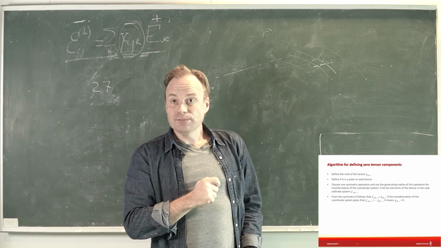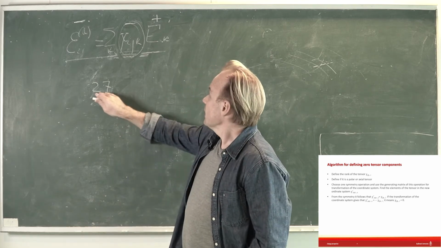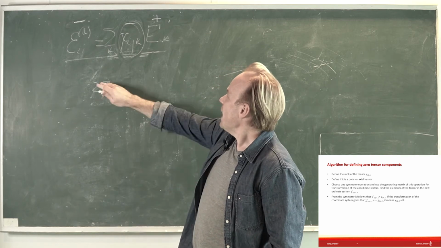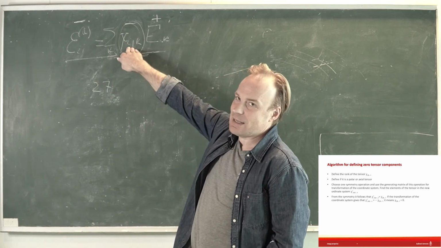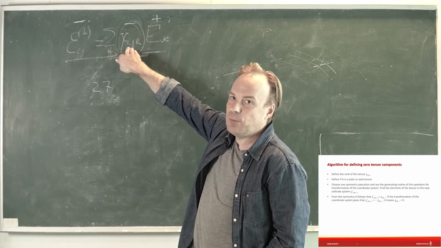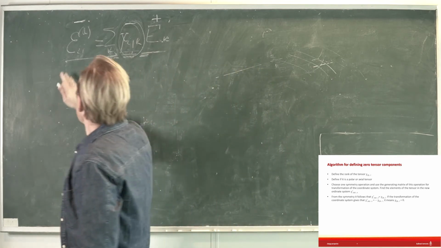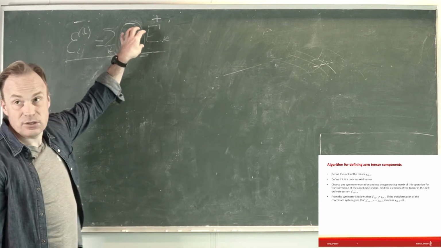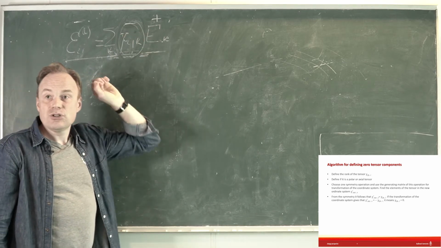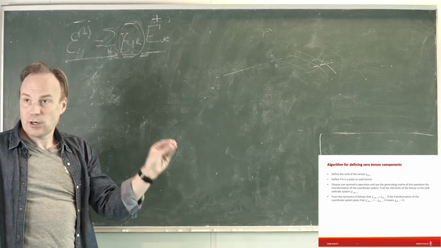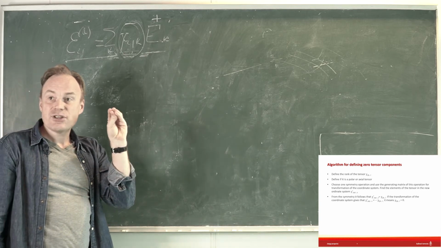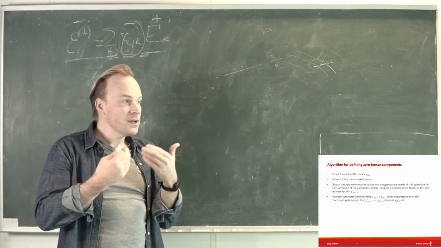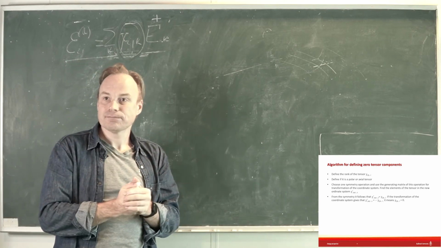Well, what we have to do to define the number of non-zero tensor components is look at the tensor and define if it is a polar or axial tensor, in the way I did just at the beginning of the lecture. Once you have defined that this is, for instance, a polar tensor, you choose one symmetry operation which is allowed by this point group, and use the generating matrix for this operation to transform the coordinate system accordingly.